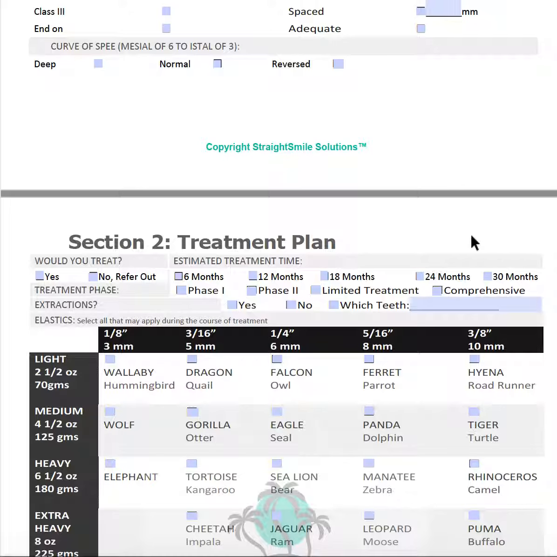That's it. When you start getting into this whole 6 to 12 months, 12 to 18 months, first of all, sometimes it's really hard to predict. And then sometimes you're going to have a super compliant patient that just gets done way earlier, and then they want refunds because it took less time. And then you have someone that's non-compliant and do you charge them more? So I just like to have set prices.